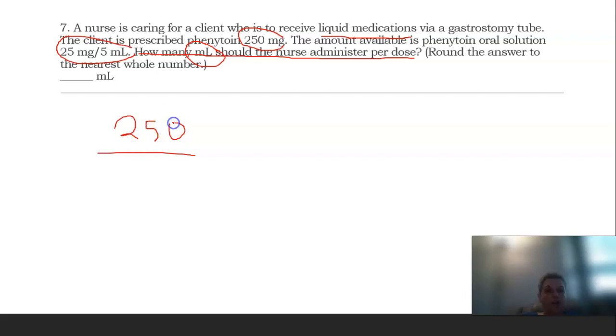So you've got 250 you want, and you have available 25. In how much? 5. Okay? Here's the caveat. I could also look at this and say, oh, wait, 25 would go into 250 10 times.